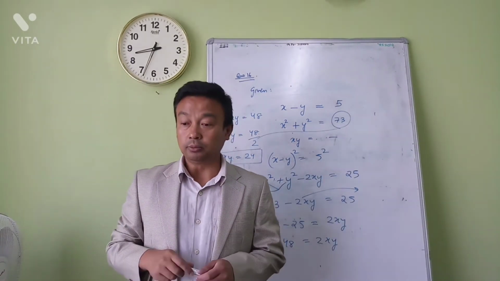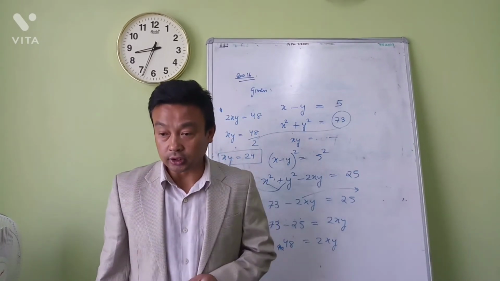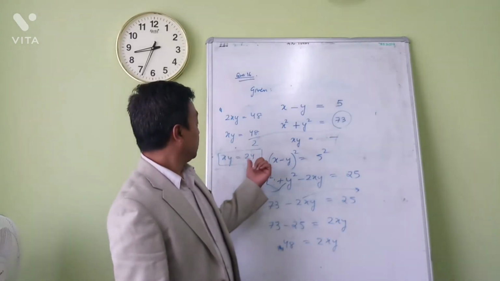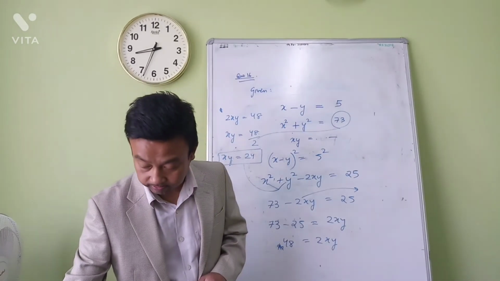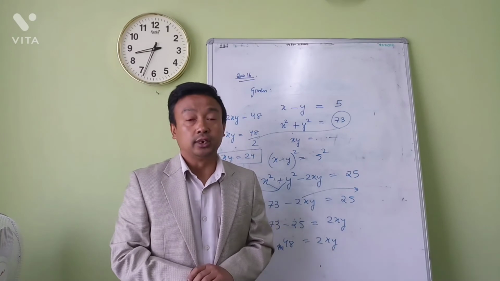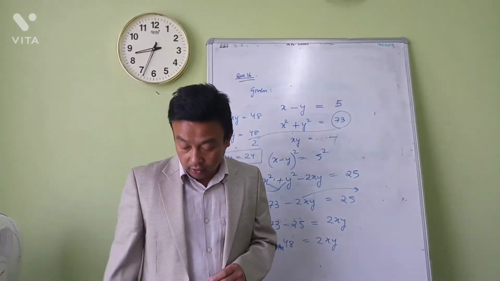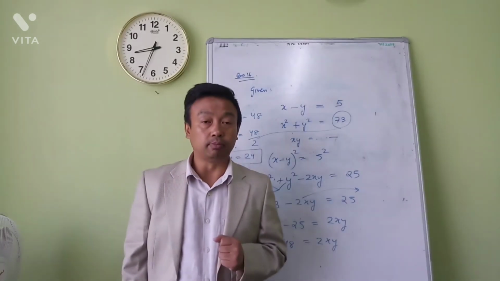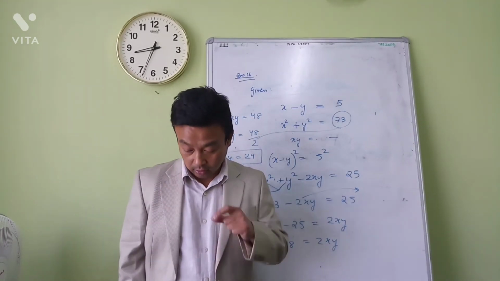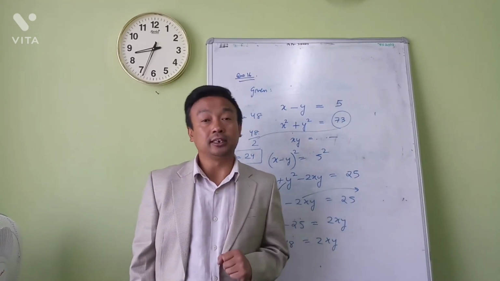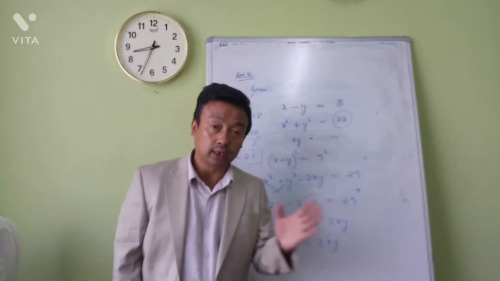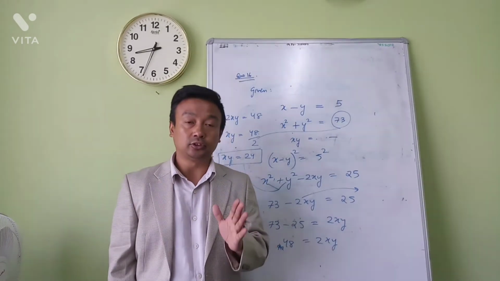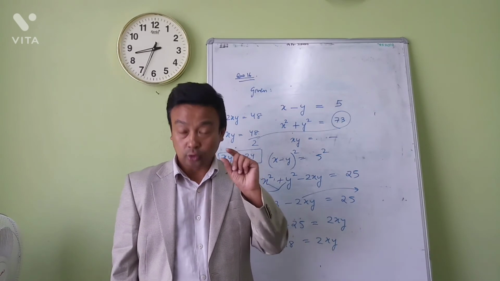So we have come to the end of this exercise. All right, now in the next section of this chapter, called the expansion of the binomials, we will be doing the cubical expansion. So far we have done only the expansion of the square.